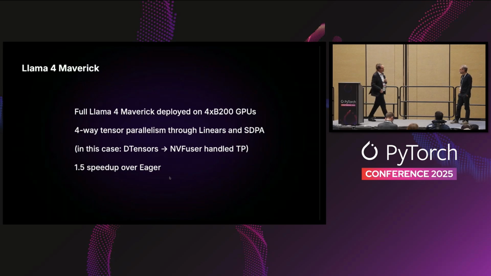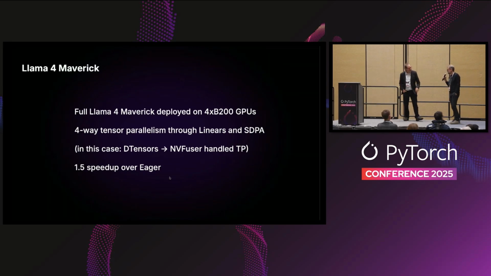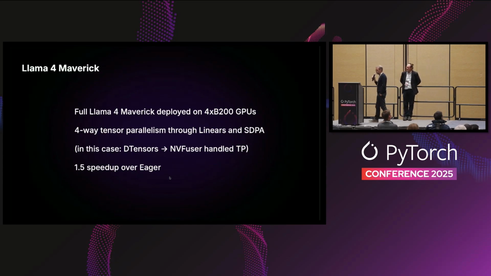If you have more fancy hardware, this is something that our friends at NVIDIA have run on Llama 4 Maverick, deployed on B200s. There's a lot of experimentation going on there with tensor parallelism. In this case, we're actually consuming D-tensors. Normally our distributed transforms operate on regular tensors, but there's also work underway to support D-tensor style parallelism and being able to interpret what the tensors want to do to the data so that we can generate a trace that is consistent with that.